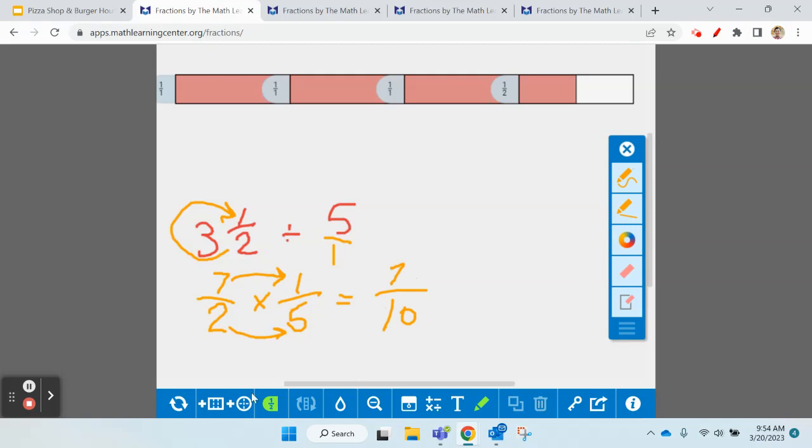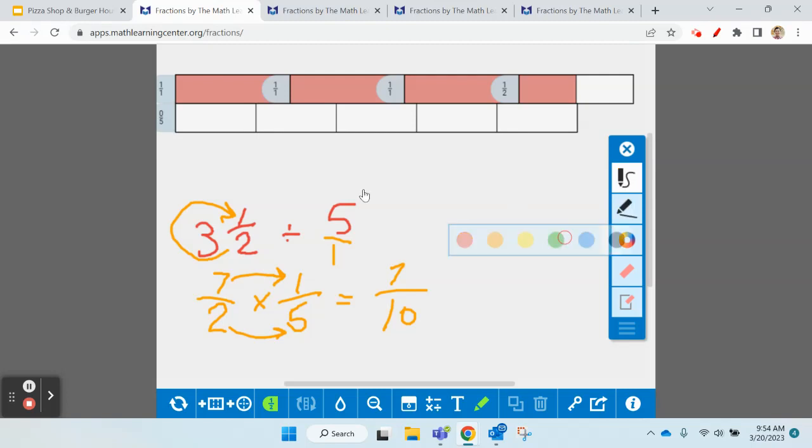7/10. It's hard to see it in this picture, but essentially what we're doing is we're taking this amount of meat that we do have, and we're splitting it up into fifths. The only issue is there's no way to really know how much this portion is right here until you do this math.